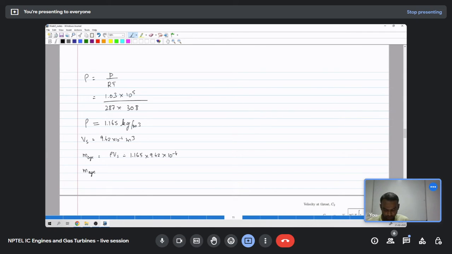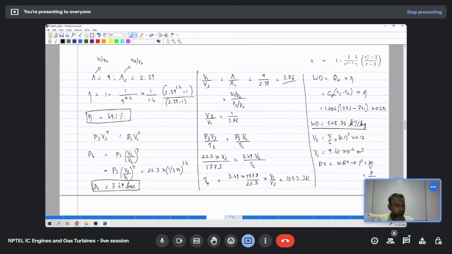So M cycle is 1.097 into 10 power minus 3 kilogram. This can be written as 1.1 grams. So 1.1 grams of air is sucked by the cylinder for every cycle.